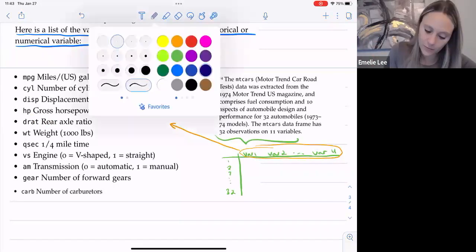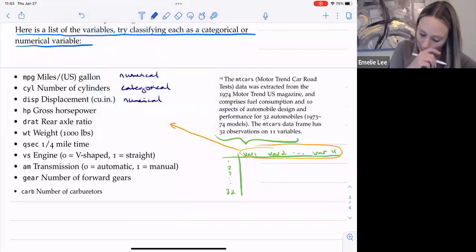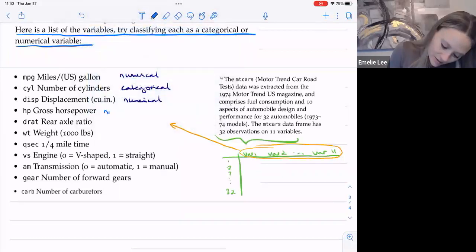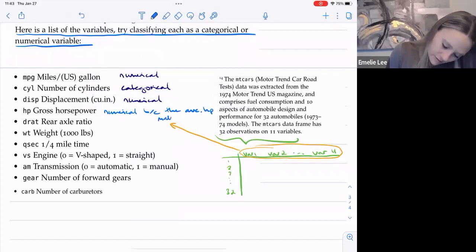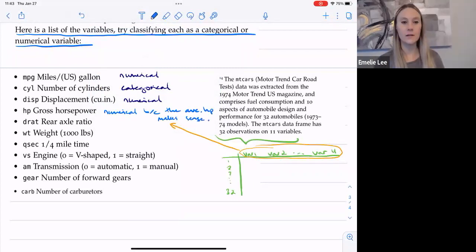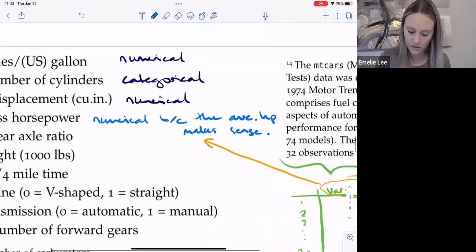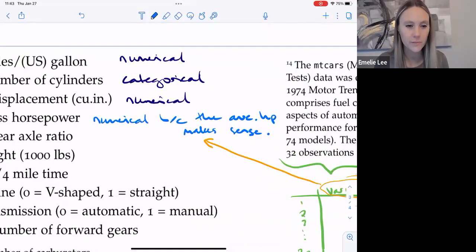But this is the first one where I'm going to say numerical, because the average horsepower makes sense. Using some shorthand here. Okay, that would be my argument there.